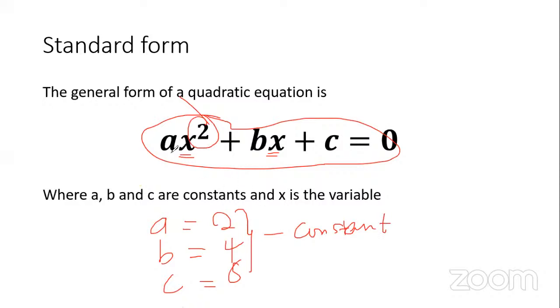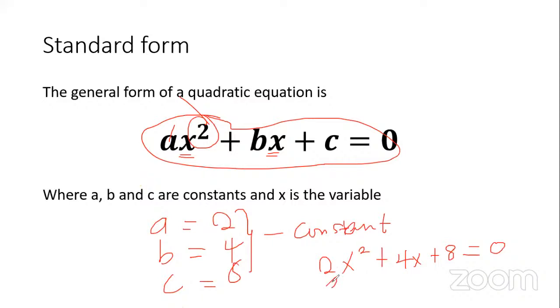So if we substitute them where we have A, B and C, we shall have our equation as 2x squared plus 4x plus 8 equaling 0.